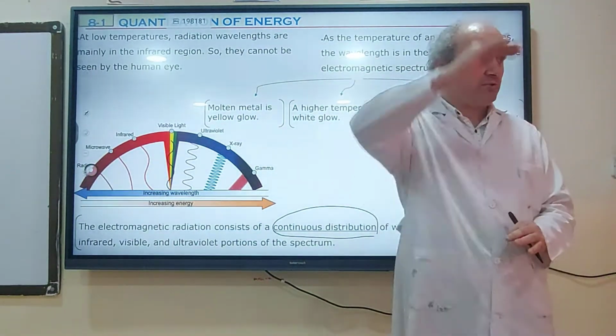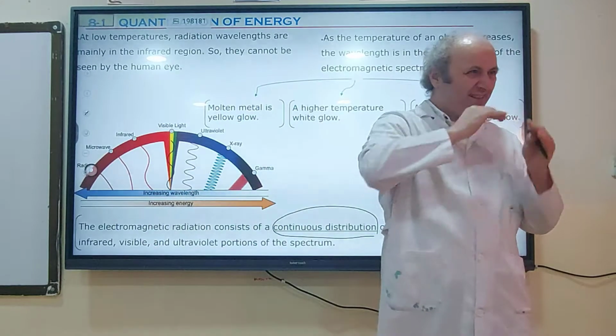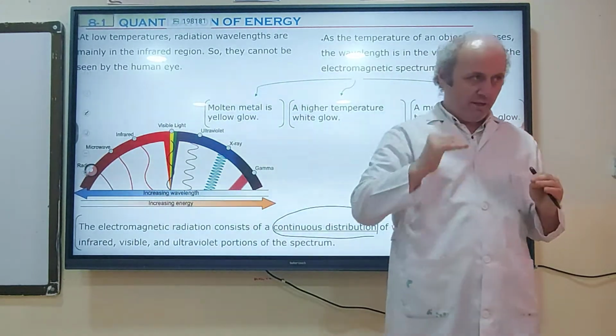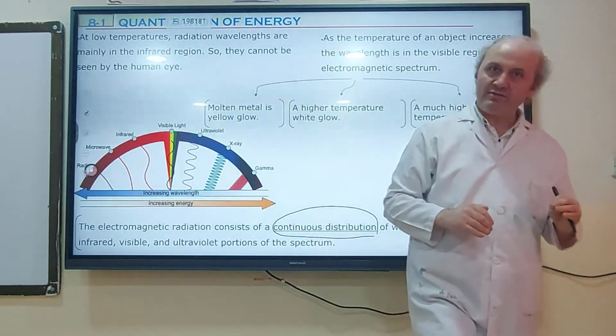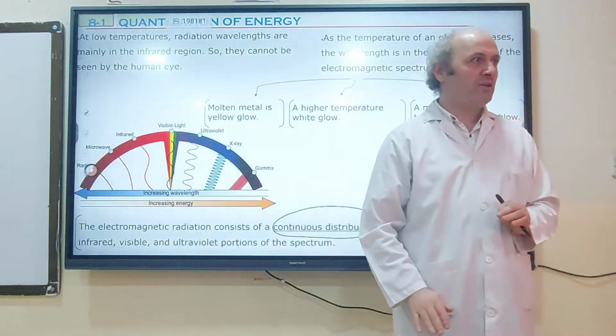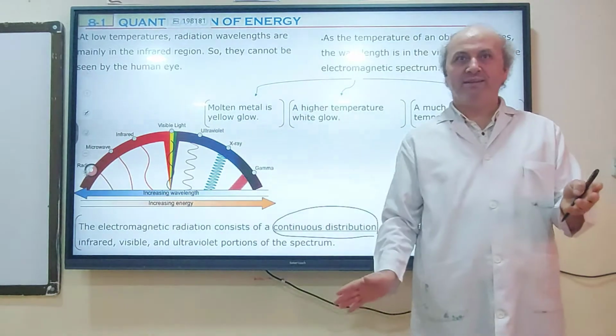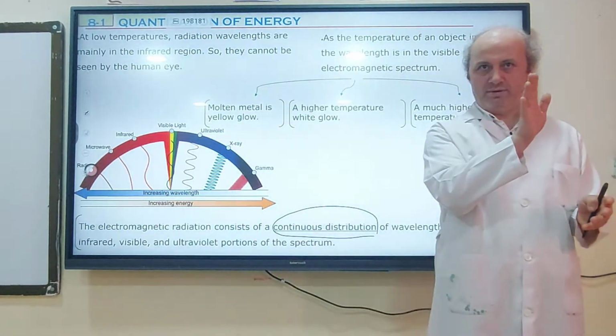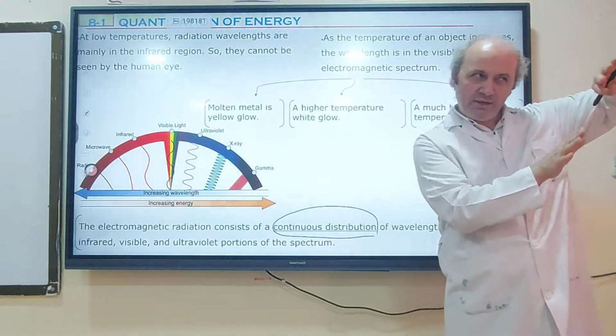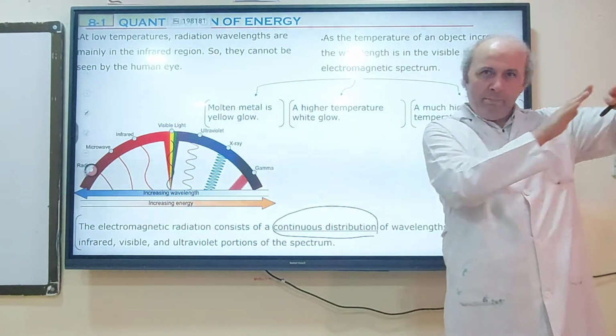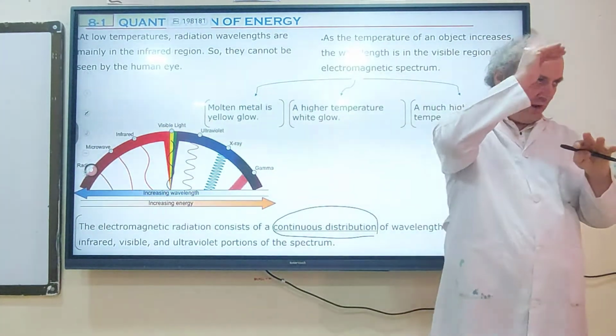You are moving from the ground to the second floor by steps. In fact, this is discrete. Your right foot is on one level, then you take your left foot to another level. But an inclined plane is continuous. So an inclined plane represents a continuous rise, but steps represent a discrete rise.